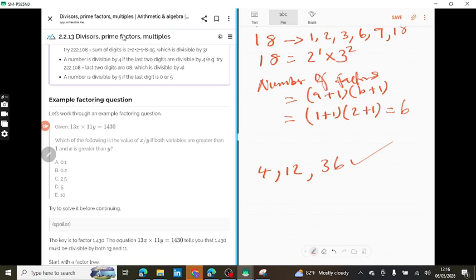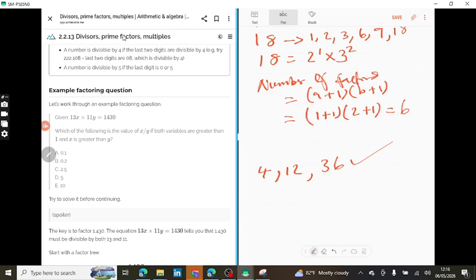Which of the following is the value of x over y if both variables are greater than 1 and x is greater than y?